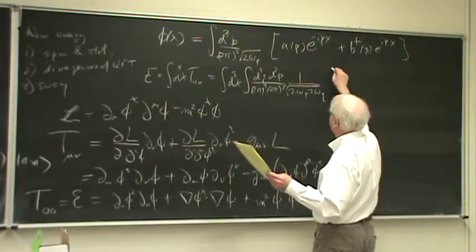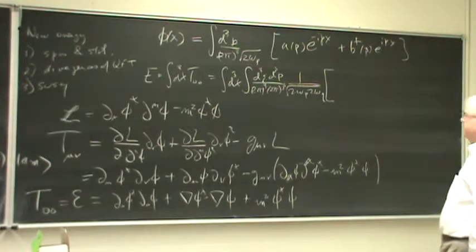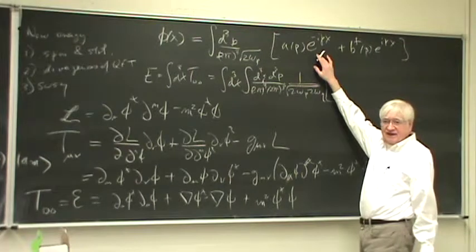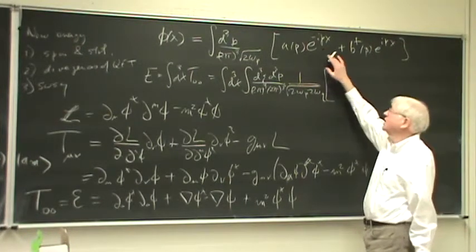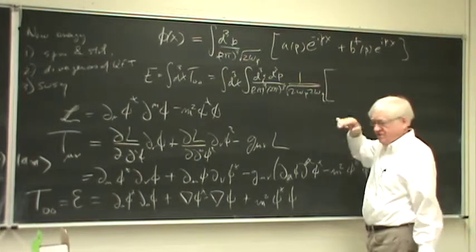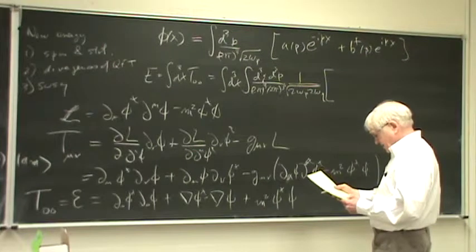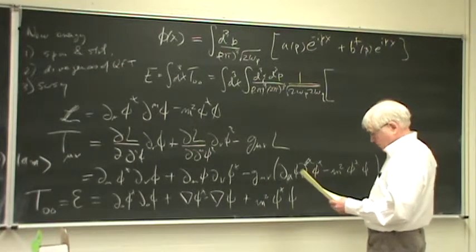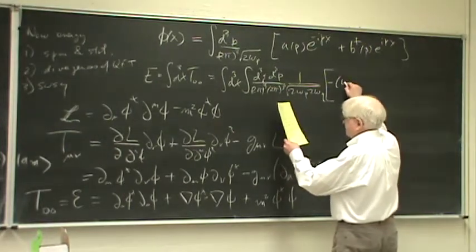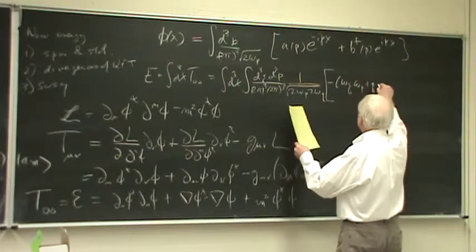All right, now we've got a big expression here. And you can imagine if you do time derivatives, you pull down a p0, you do a space derivative, you pull down a vector component of p vector. And altogether, what happens is this. You get minus ωq ωp plus q dot p.